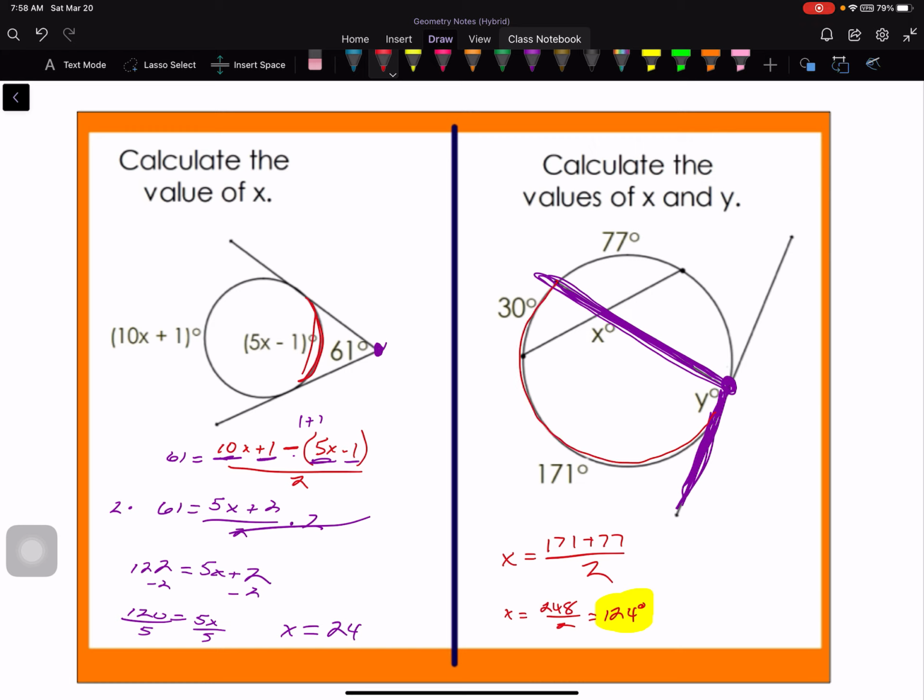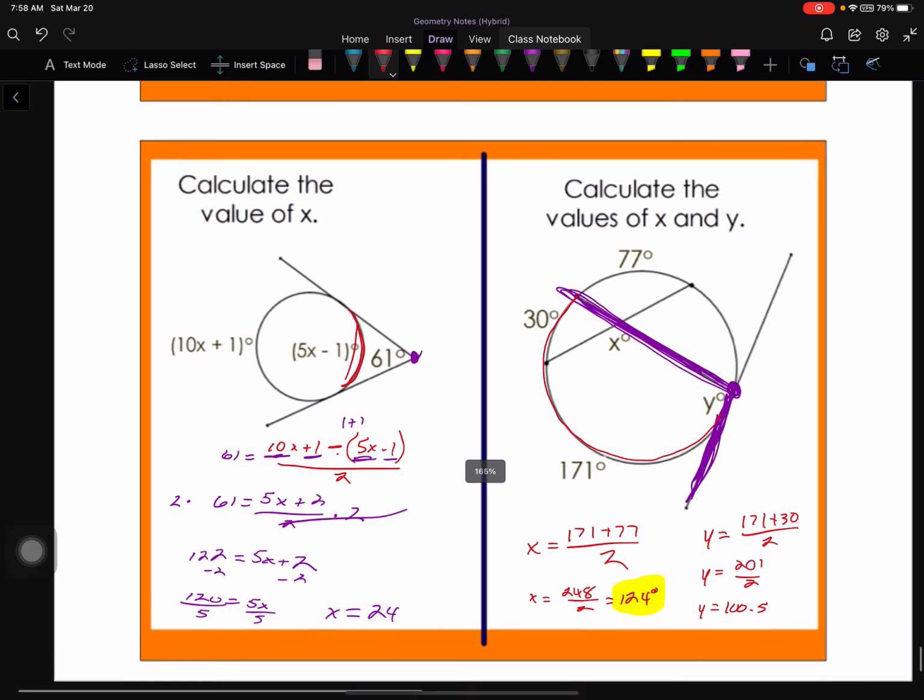So 171 plus 30 is 201. y is 171 plus 30, and then we're going to divide that by 2. So 201 divided by 2 is 100.5.